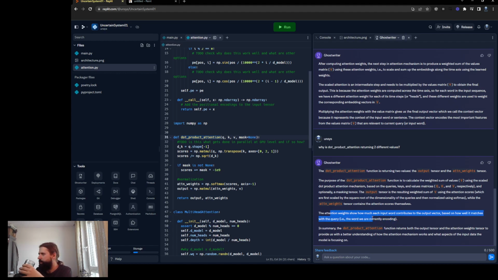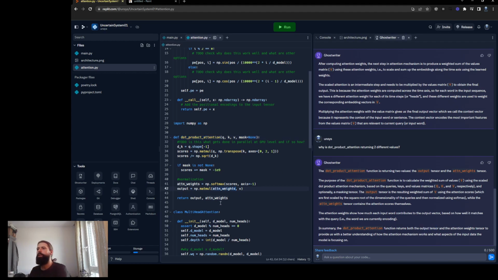Matches with the query, the word we are currently encoding. In summary, the output tensor. So we take the attention weights.